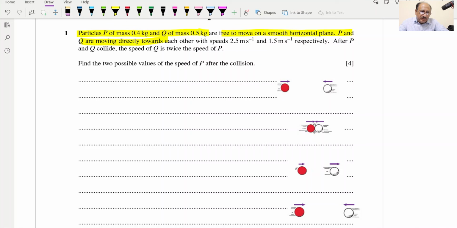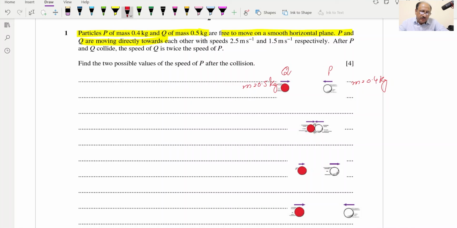And we can take P, and Q we can take this one. So m is equal to 0.4 kg for P, and in Q's case m is equal to 0.5 kg, free to move on a smooth horizontal surface, so there is no friction.